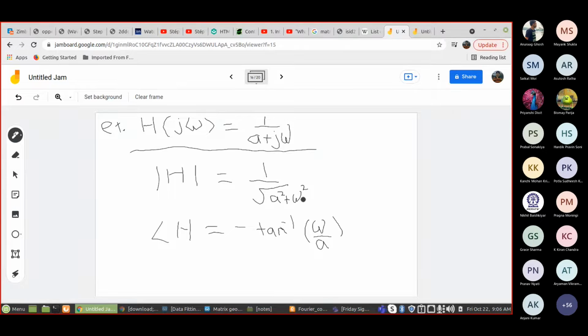Its magnitude as omega varies is given by this expression. From here you can see that as omega goes to plus or minus infinity, this is going to go to 0, because you have a 1 over infinity on the right hand side.